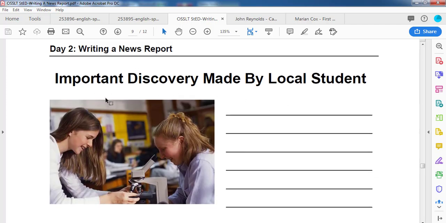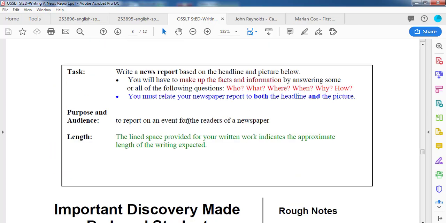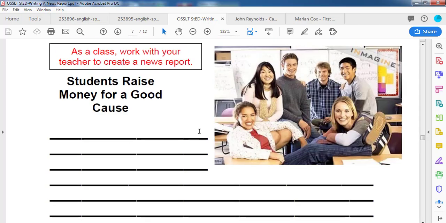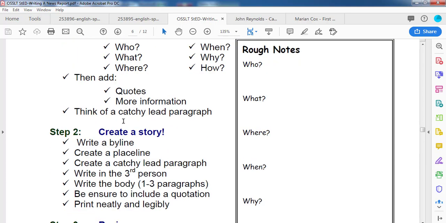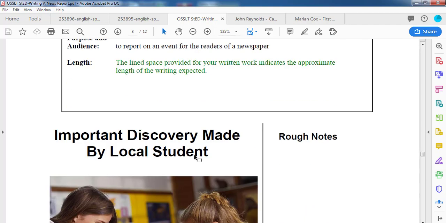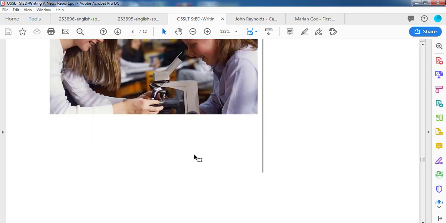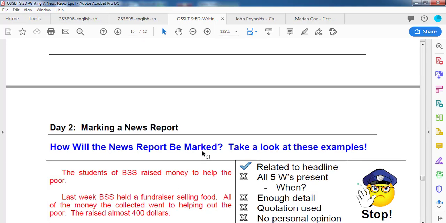After writing your newspaper report, after telling them how to write the newspaper report according to the steps, according to the plan, let them now switch their writing and correct each other.